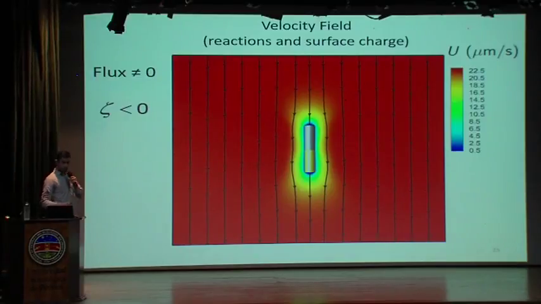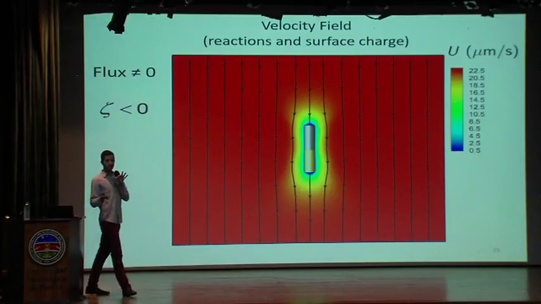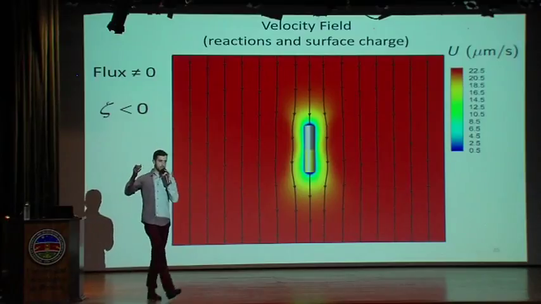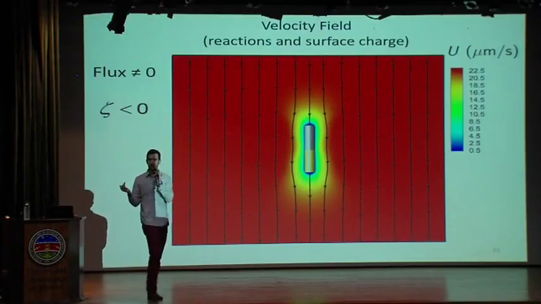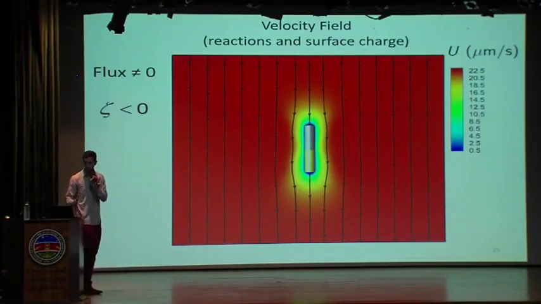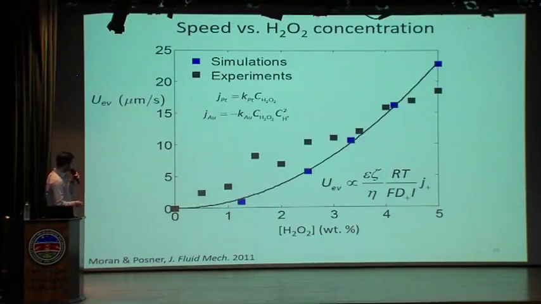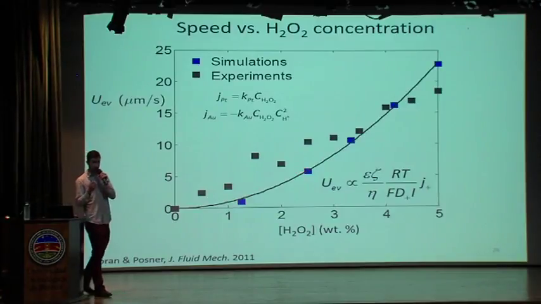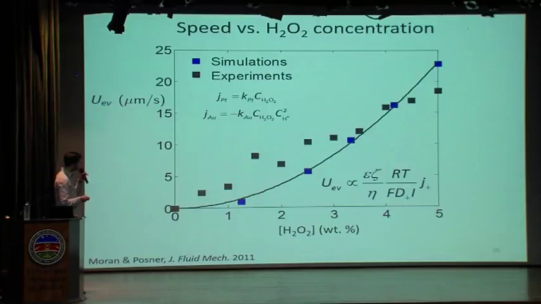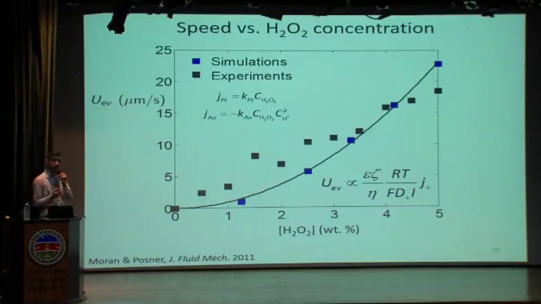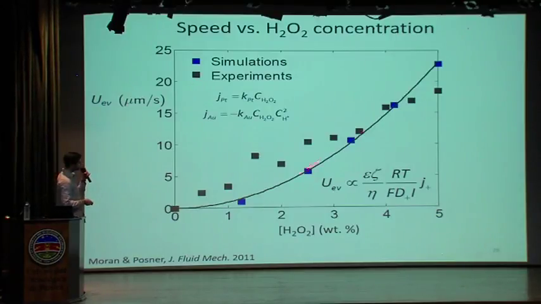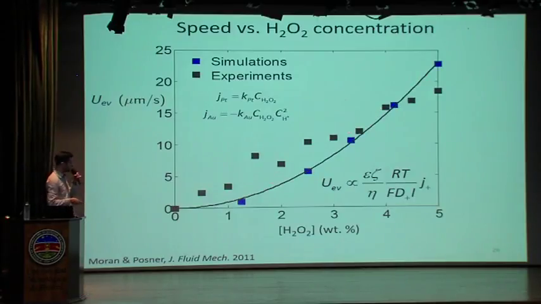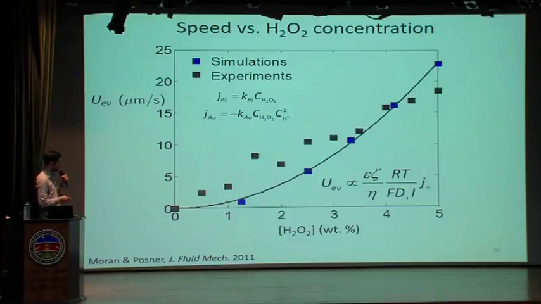Okay, so the punchline is, with these simulations, we can predict how fast the rod will be moving for a given situation. And so we can plot this. In blue, I'm showing the speed of the rod according to the simulations. And in black, I'm showing the speed of the rod according to experiments. Okay? And there's pretty good agreement right here. There's a little bit of a difference right here, and there are several possible reasons for that.